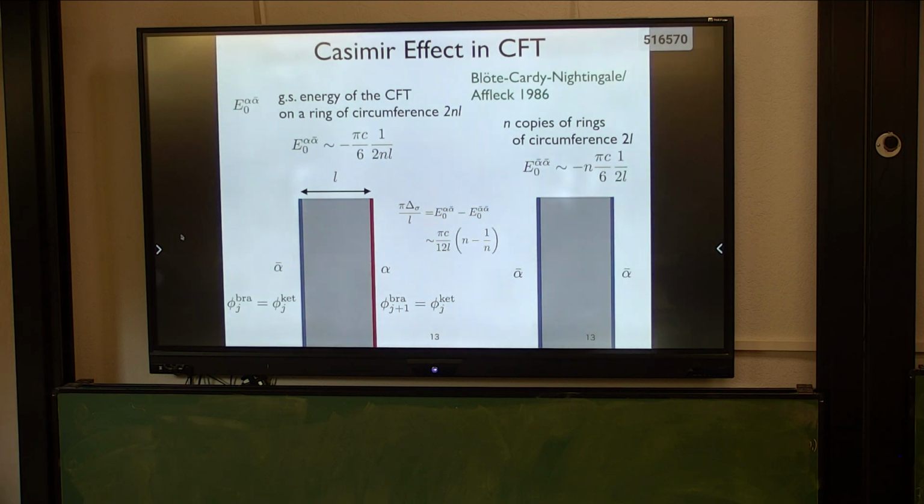So 2n components are connected. So effectively, the circumference of the cylinder becomes 2nL. And for a conformal field theory with central charge c on a ring with periodic boundary condition of circumference 2nL, the ground state energy is known to be this. So this is the ground state energy for this red-blue boundary condition.